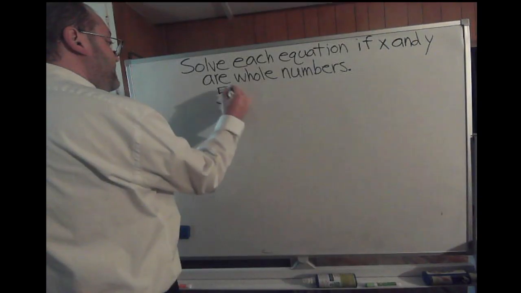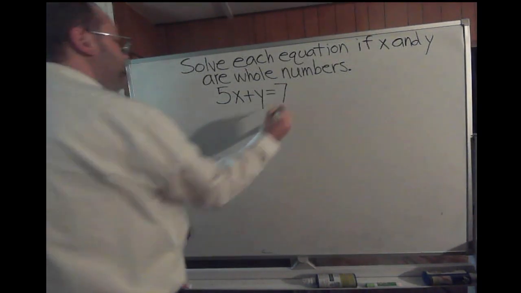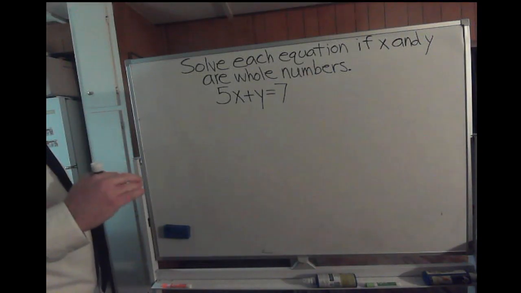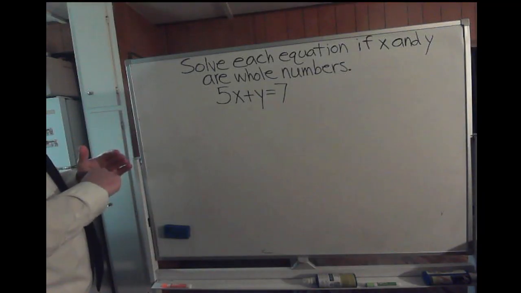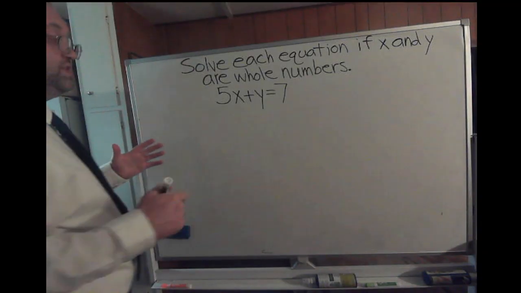Alright, we have 5x plus y equals 7. So we got 5x plus y equals 7. Well, these have to be within the whole numbers again.